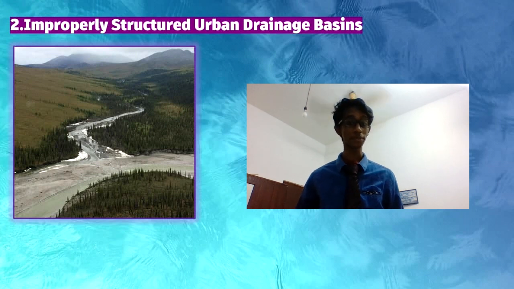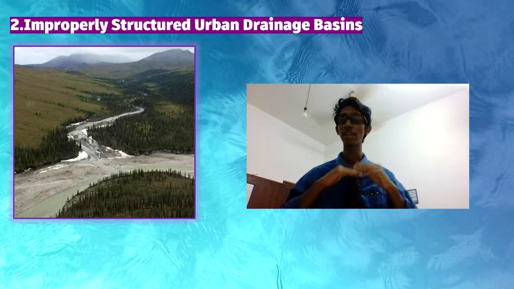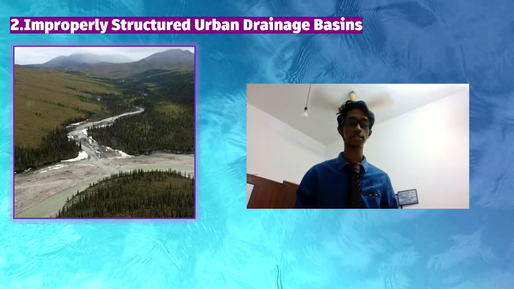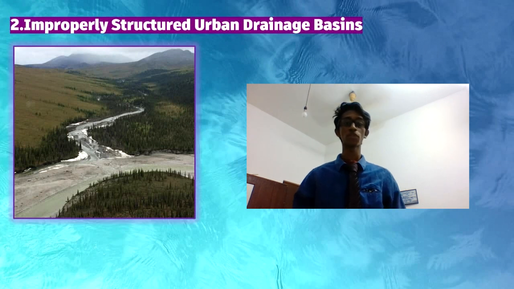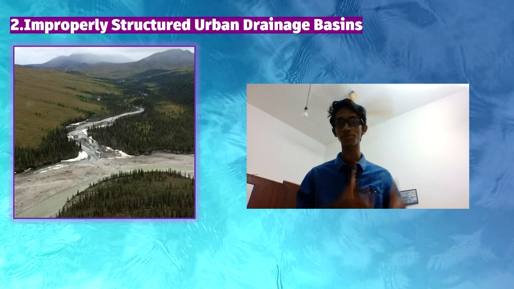So, what happens? Those drainage basins will fill up quickly and this means there will be flood for low-lying areas. Right? So, I have discussed how those improperly structured urban drainage basins can cause flood.